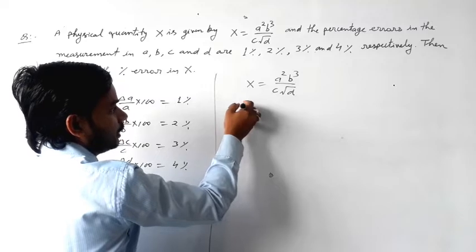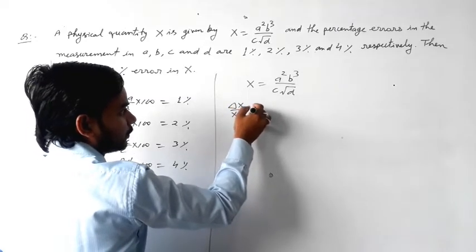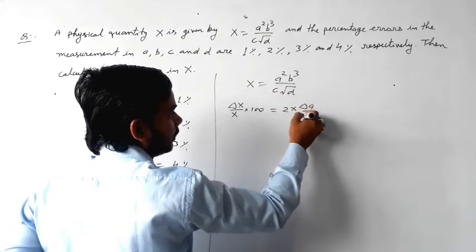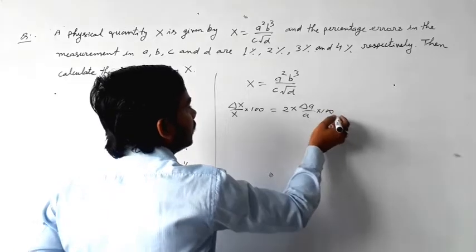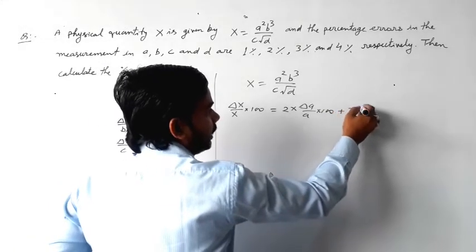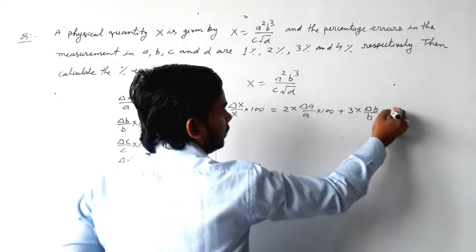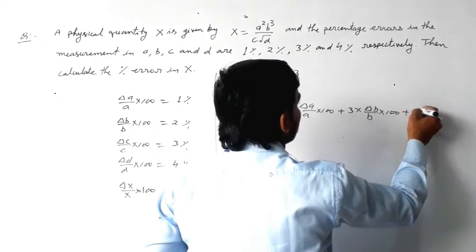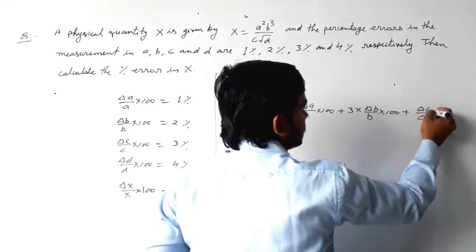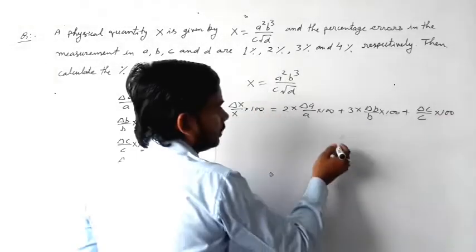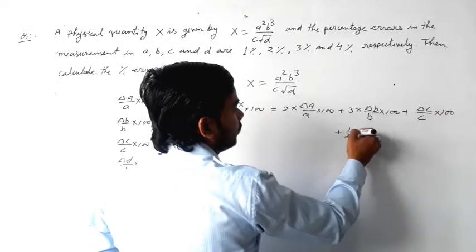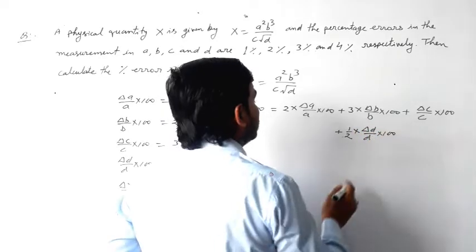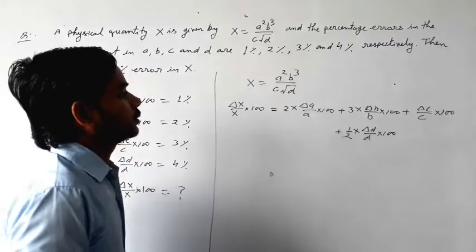We write delta x upon x into 100 equals, for a square, 2 into delta a upon a into 100, plus 3 into delta b upon b into 100, plus for c, delta c upon c into 100, and for d, 1 by 2 into delta d upon d into 100, because the power of d is 1 by 2.